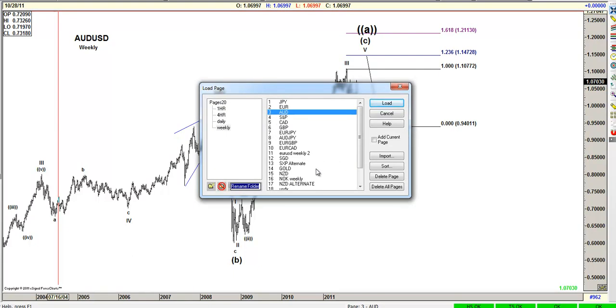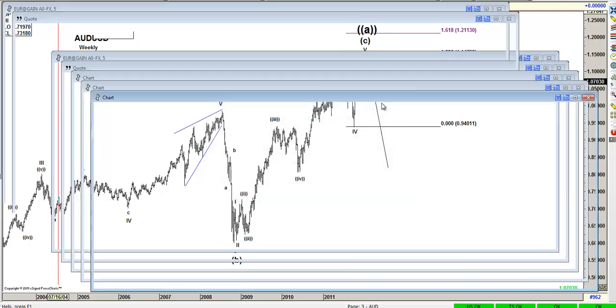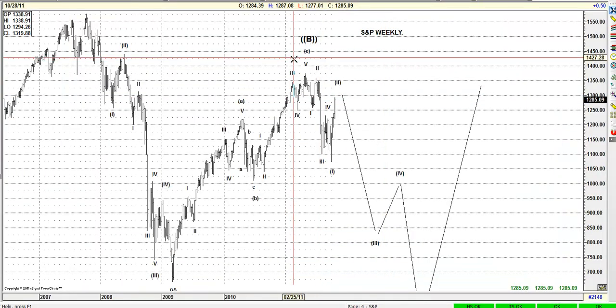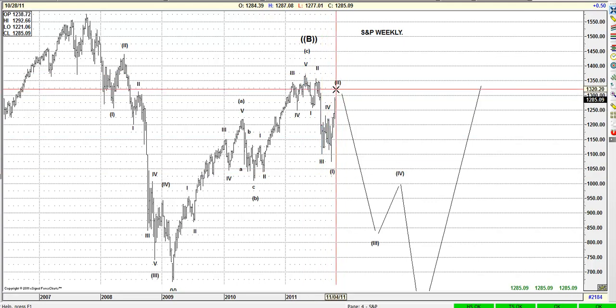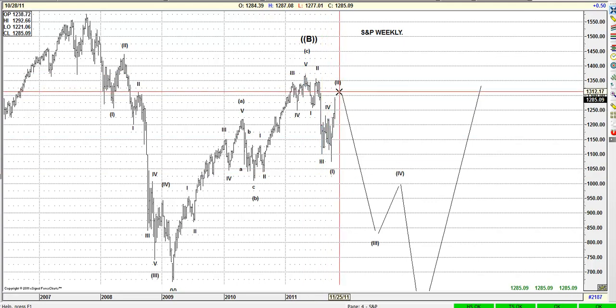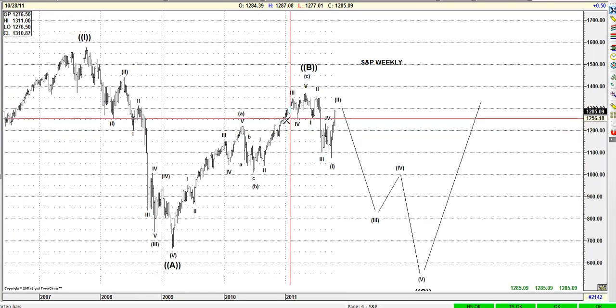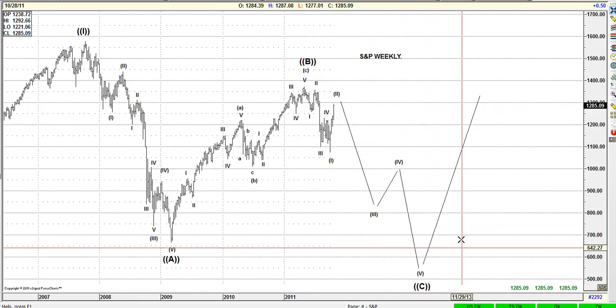And finally, let's take a look at the S&P. Again, two ways. Either you got the 5 swings and this is the top, and then you're going to get around 1312, 1340, the end of 2, and the S&P is going to trade lower.